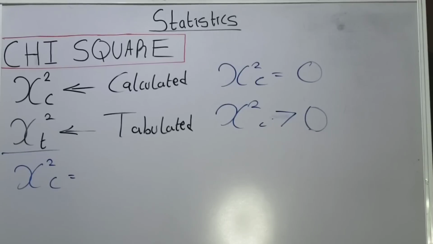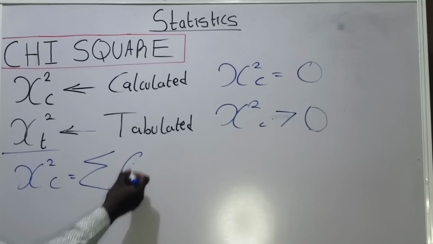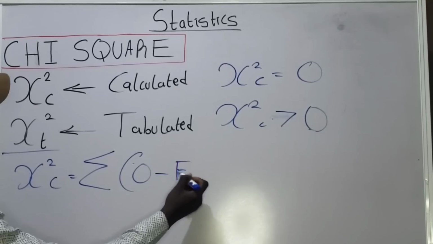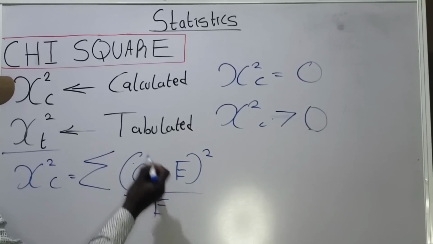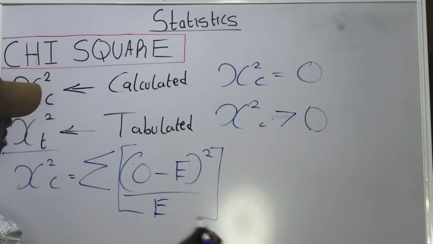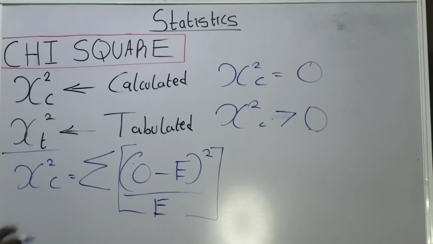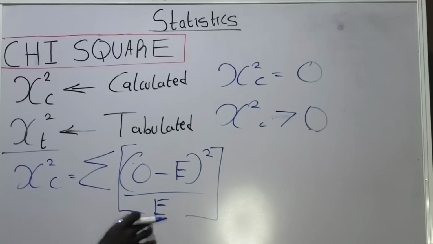The calculated chi-squared is given by this formula: summation of the difference between the observed and the expected frequency, squared, all over the expected frequency. Their summation will give us the calculated chi-squared.